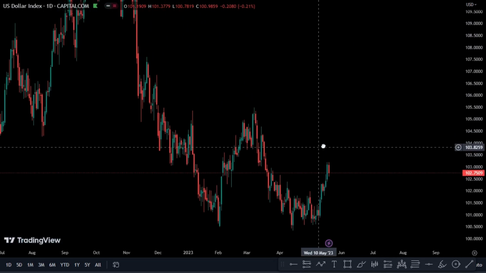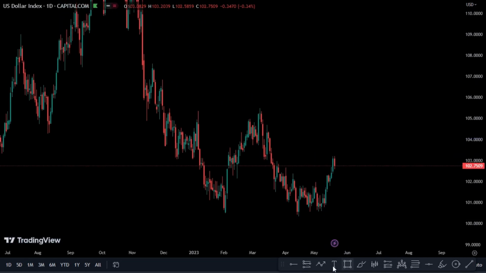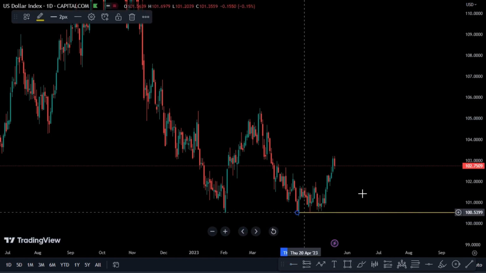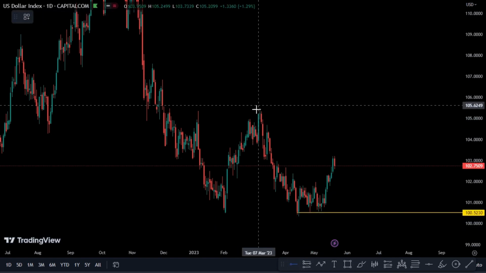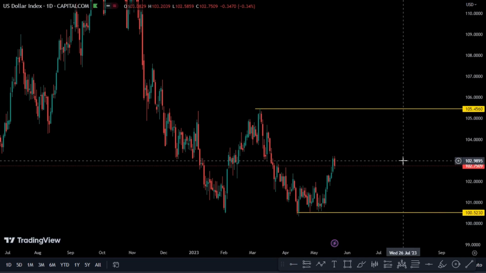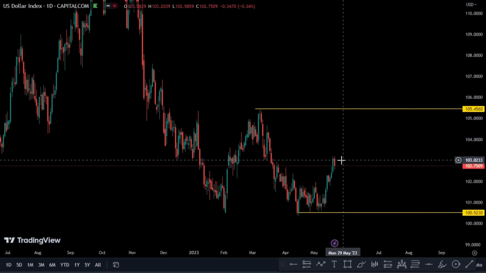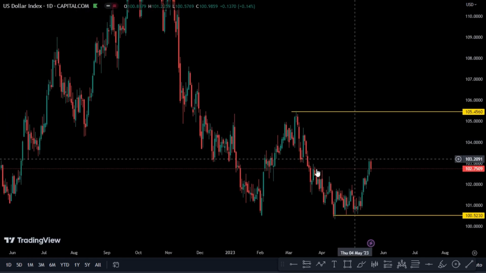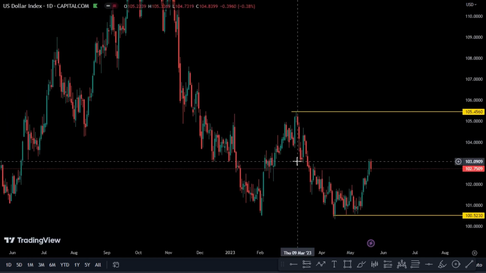And we want to focus on the structures that are closest to the current price action. Okay, so that's our closest support structure, and that's our closest resistance level, and those are the only things that are easy to spot on a daily time frame. Okay, I also see this area here.